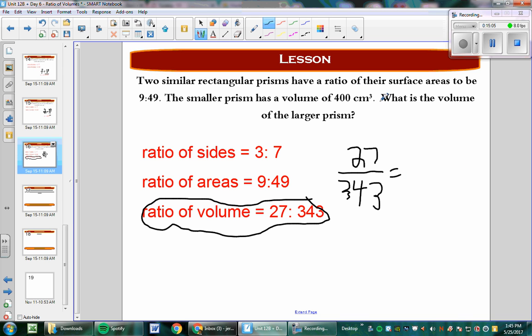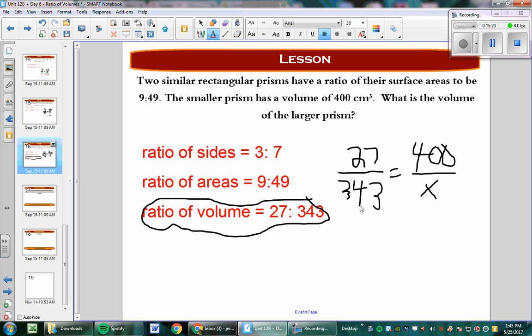And the smaller prism has a volume of 400, and x. Now we just cross multiply: 400 times 343, divide that by 27, and the volume is quite big. Volume equals 5,081.48 centimeters cubed.